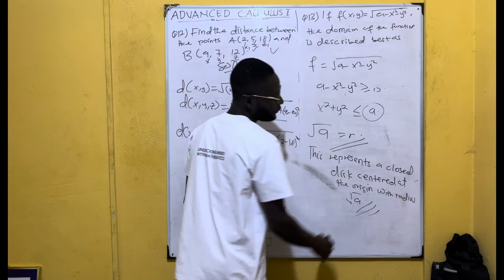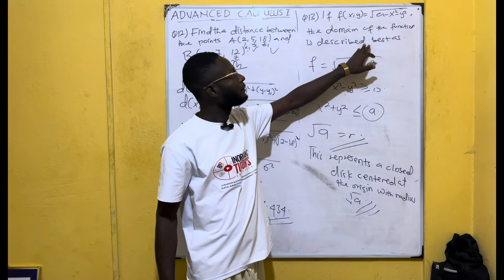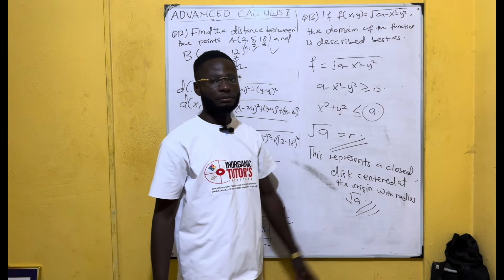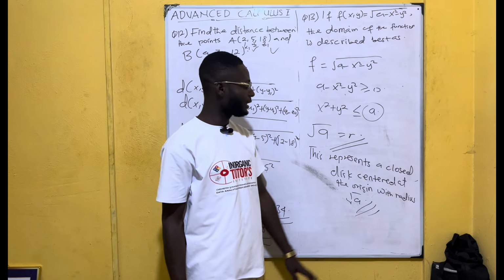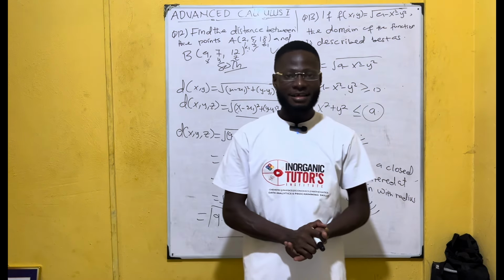A. So that is the best way we can describe this function, the domain of this function. Okay, that is the best way we can describe the domain of this function. And that is question number 13.